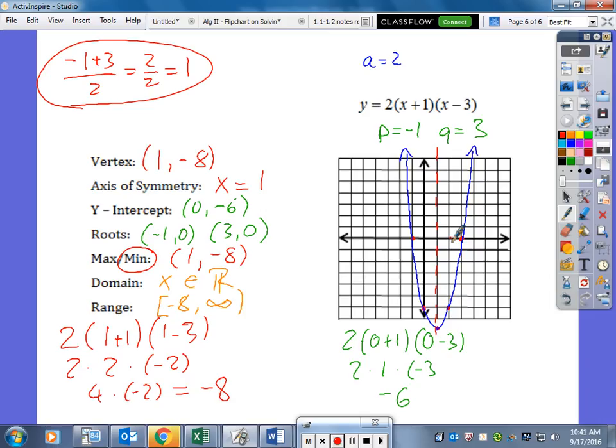Knowing that the parabola is symmetric, which is what the axis of symmetry also tells you, you know that the vertex, or at least its x-coordinate, is going to be right in the middle between the two roots. That's really what that formula (p plus q) divided by 2 is all about. Maybe that helps to remember it and memorize it better.